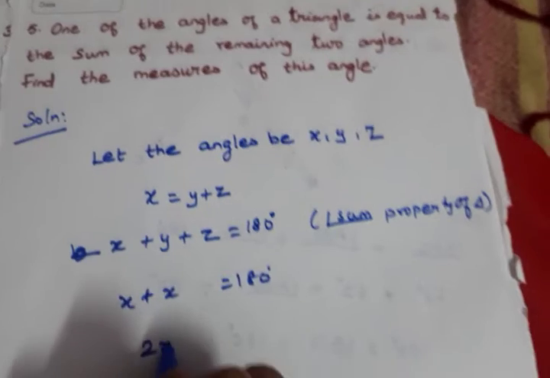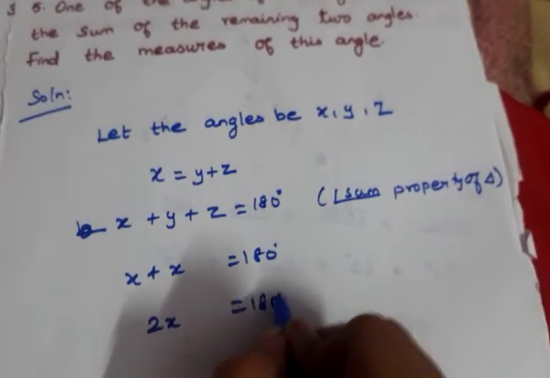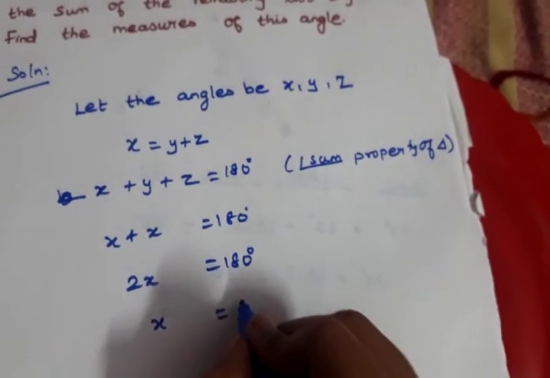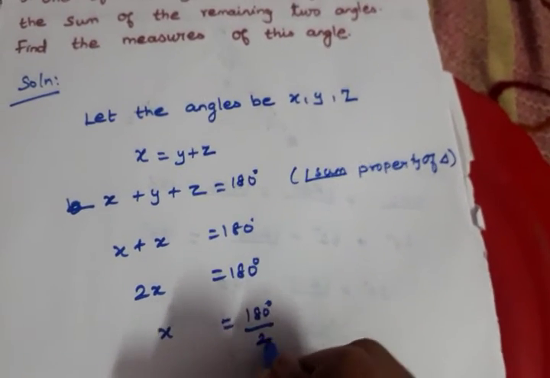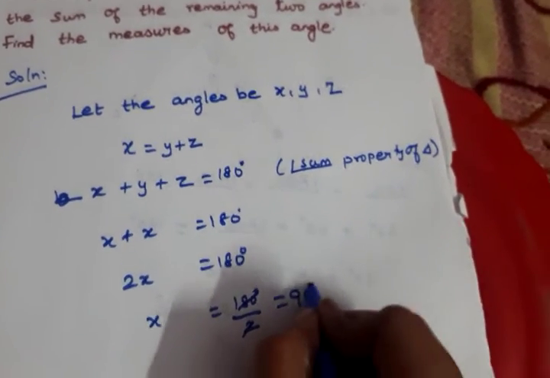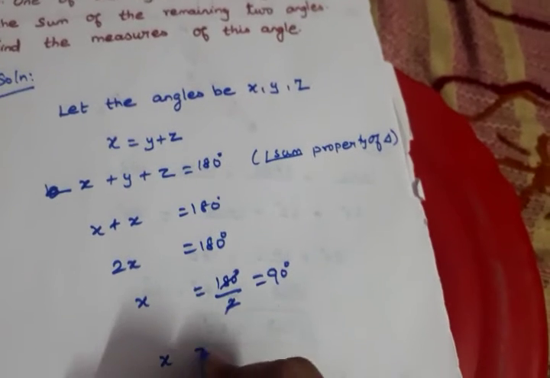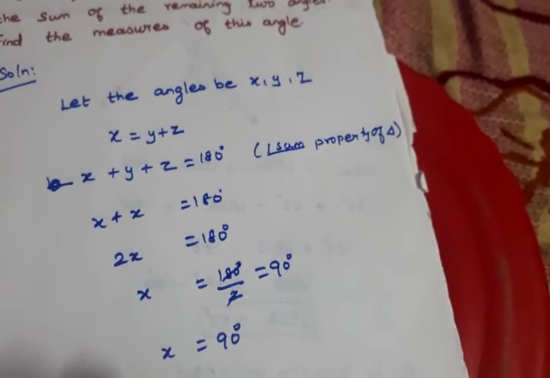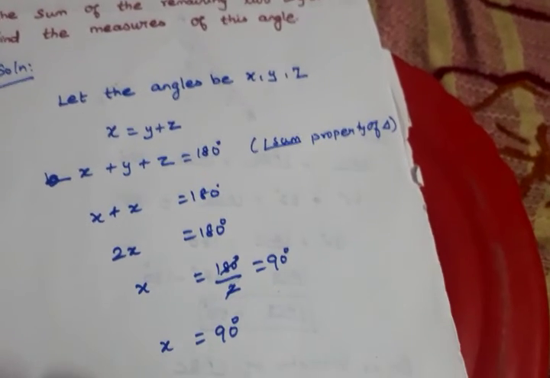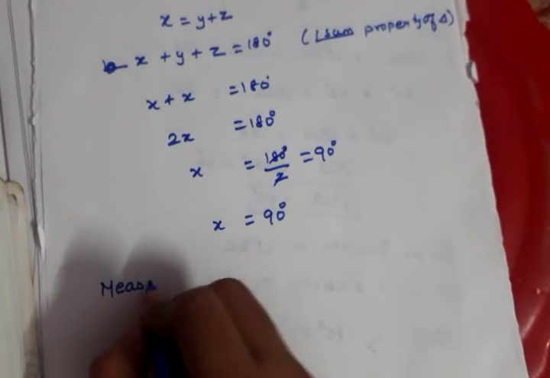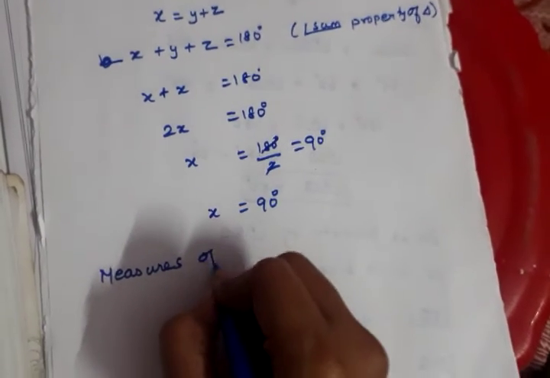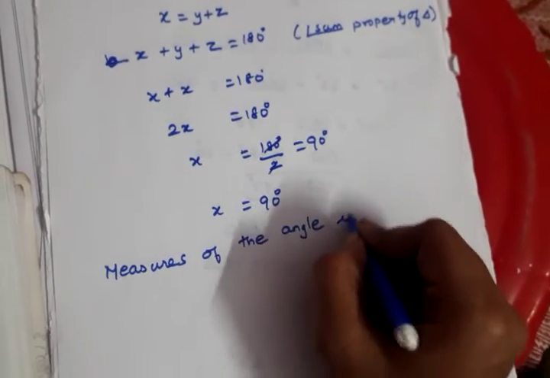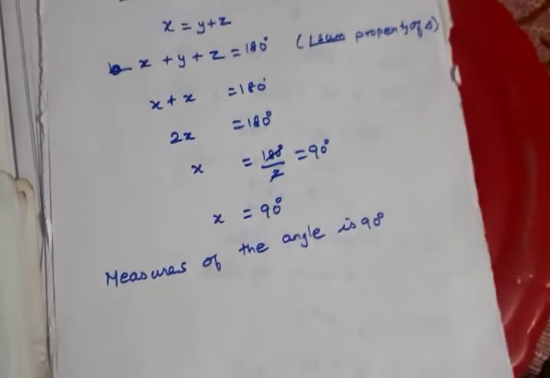So 2x equals 180 degrees, so x equals 180 degrees divided by 2, which is 90 degrees. Hence the measure of the angle is 90 degrees.